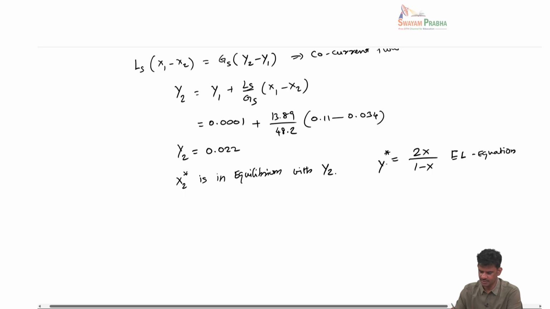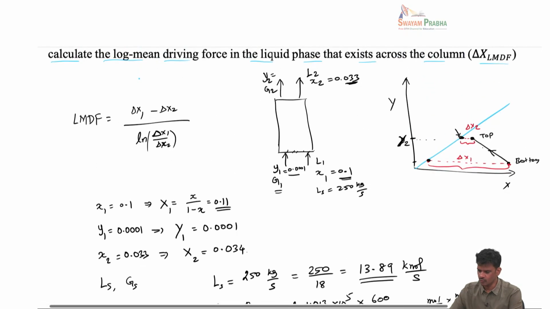We substitute Y2 here and then calculate X2 star from here. If you do that, you will get X2 star as 0.011. So going back to this particular graph, we have found the value of X2 star.